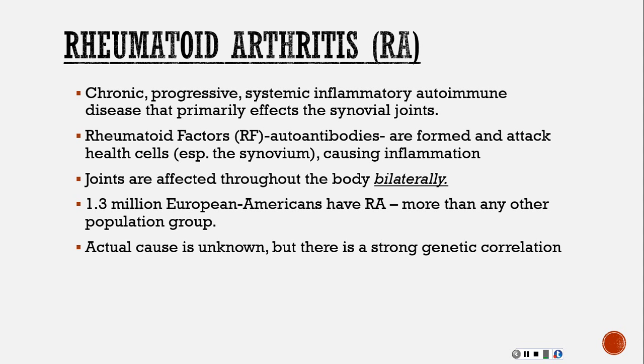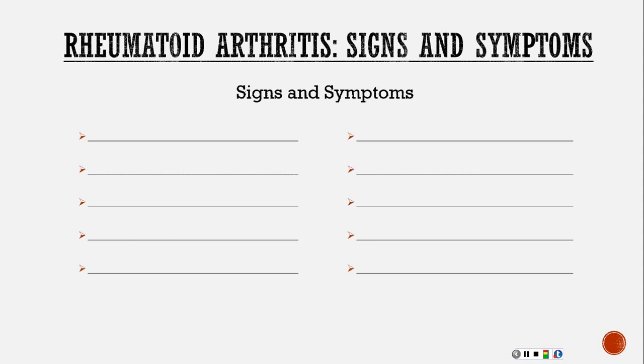All right. So I made you write down osteoarthritis. I'm going to make you write down the signs and symptoms of rheumatoid arthritis too. I know, I'm just being mean here. Pretty important though. All right. First, symmetrical bilateral joint inflammation.